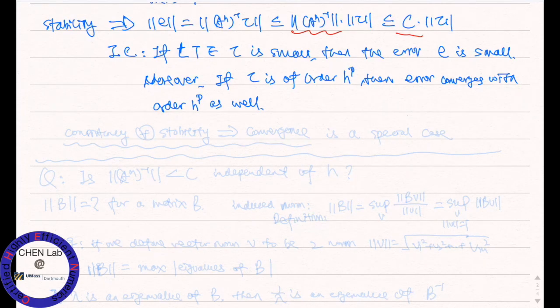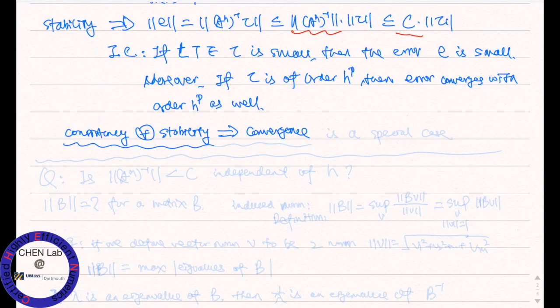This is the typical notion in numerical analysis, which is consistency plus stability means convergence.